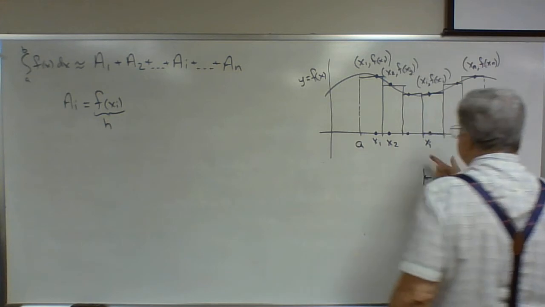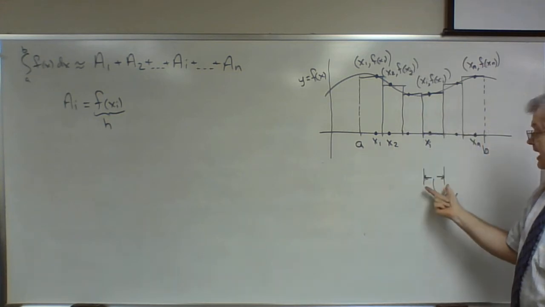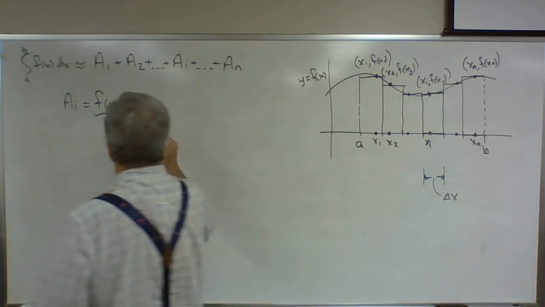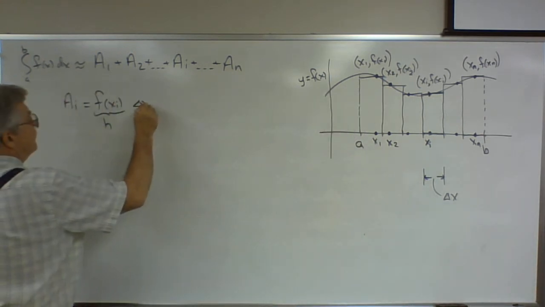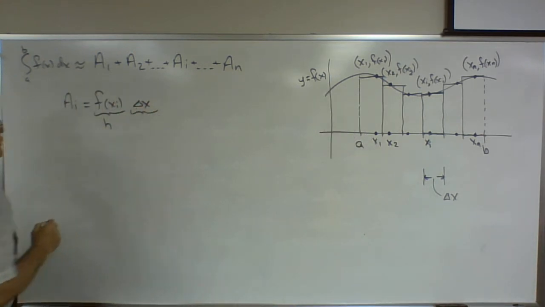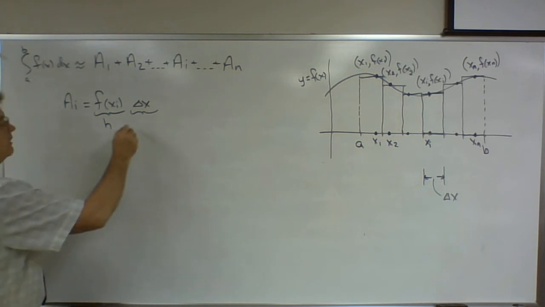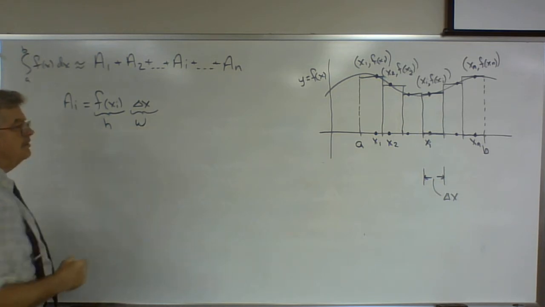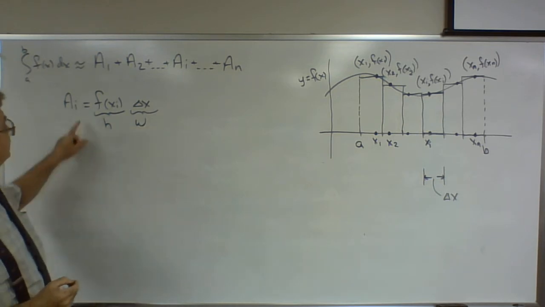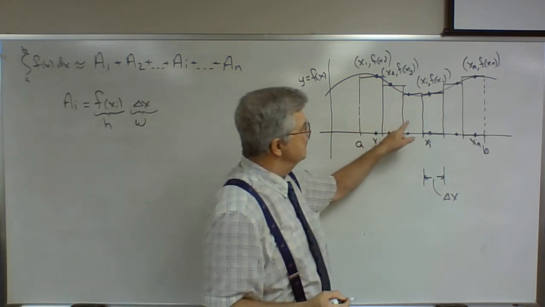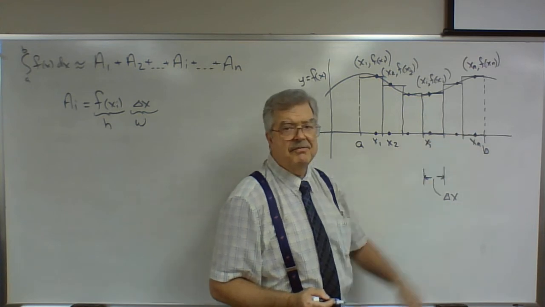And the width of every rectangle is the same. It's delta x. So the area of the ith rectangle is f of x sub i times delta x, height times width. And this serves as a model for how we compute the rest of the areas of the rectangles.